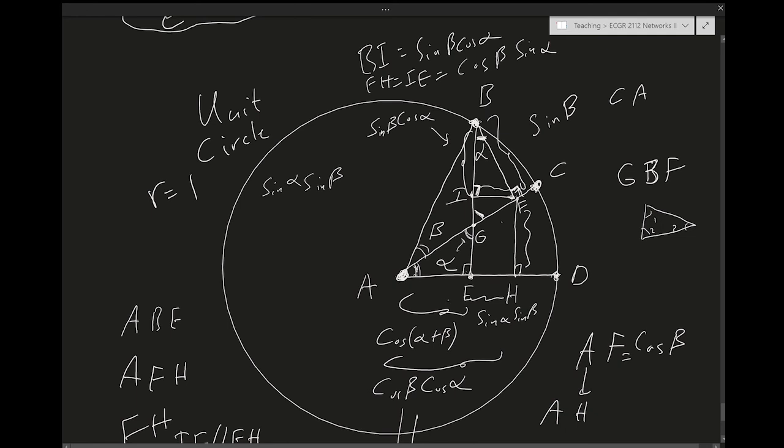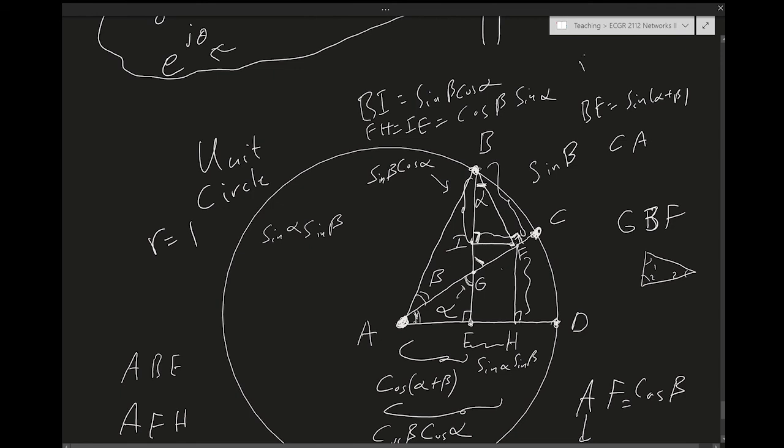And what about the whole line BE? BE is just equal to sine alpha plus beta. So BE should be equal to BI plus IE. So we've again proved now the second formula, that sine alpha plus beta equals sine alpha cosine beta plus cosine alpha sine beta.